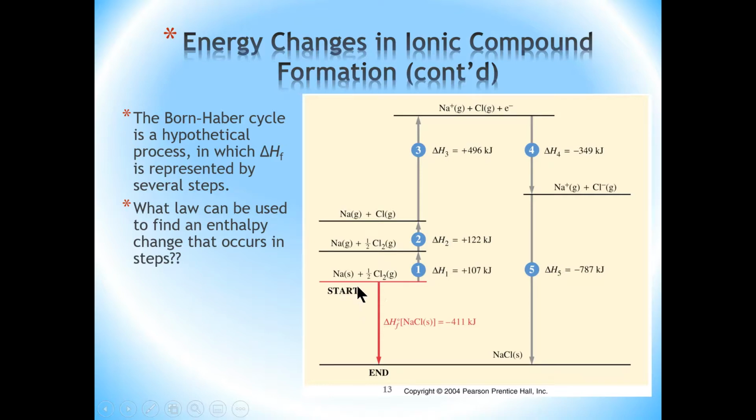You'll notice that it's 1 mole of sodium solid reacting with half a mole of chlorine gas, because we're looking at the formation of 1 mole of sodium chloride. So we're starting off with the sodium and the chlorine, and we're ending up with the sodium chloride solid. The enthalpy of formation for that is given right here. Delta H f standard is equal to minus 411 kilojoules.